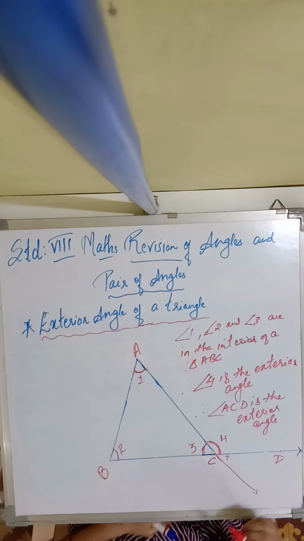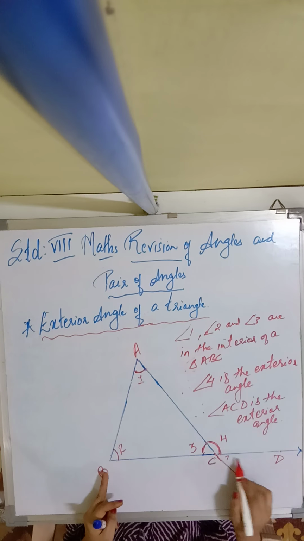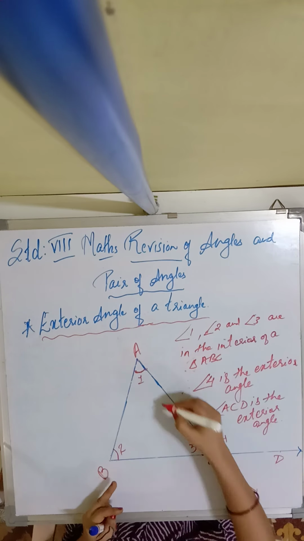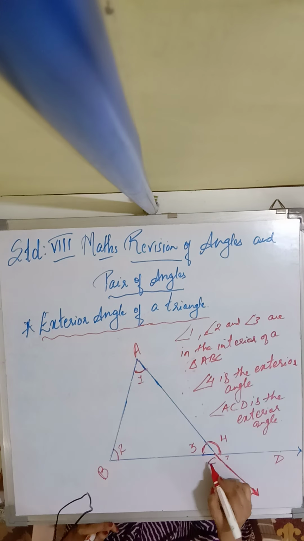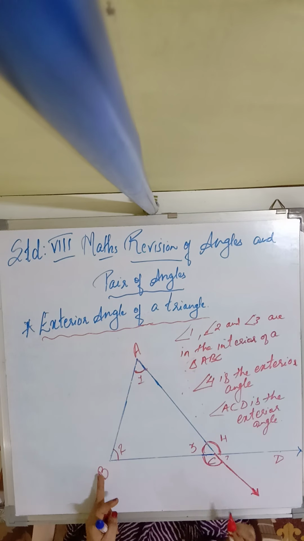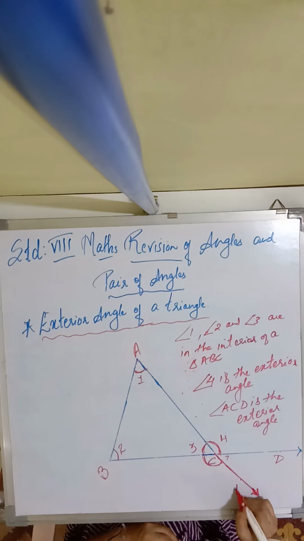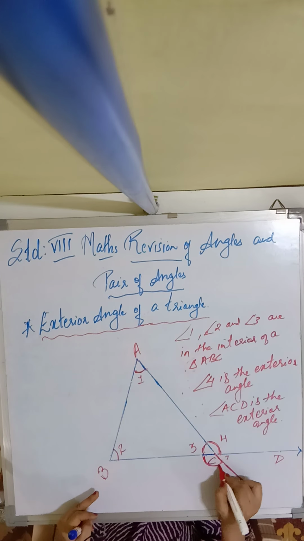Now, here we have extended only one side, that is BC, so we got one exterior angle. In the same way, if we extend this side AC, it is again forming an exterior angle. If I name the point F, this is angle BCF, which is also called an exterior angle.